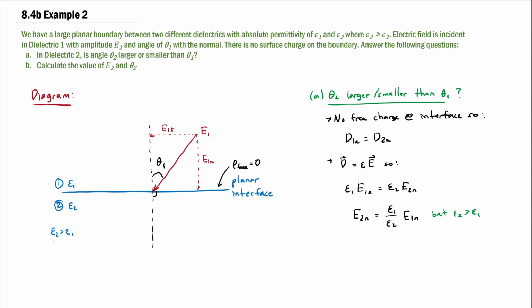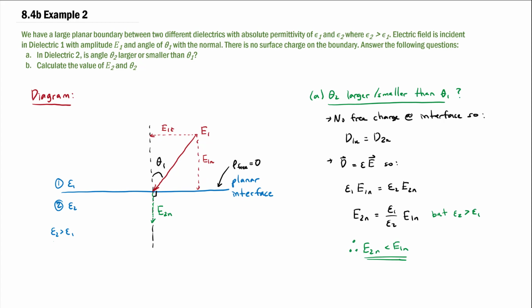So that means we have E2n being smaller than E1n, right? So with this, I can at least draw an E2n that's smaller than my E1n.